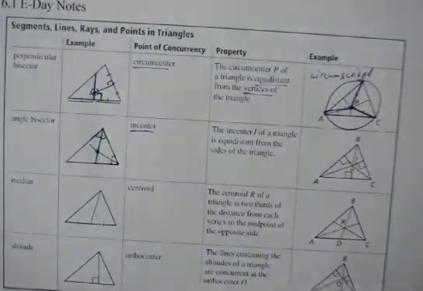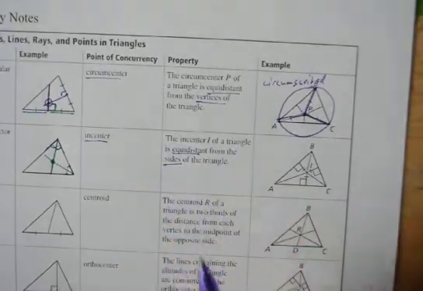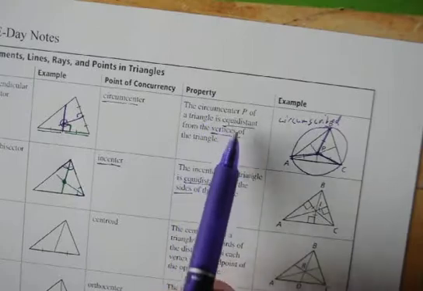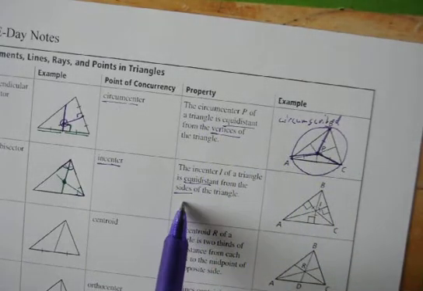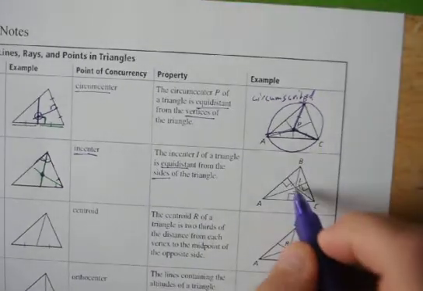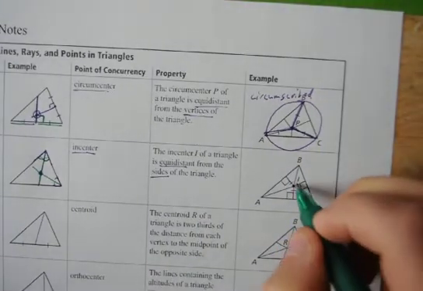The incenter is special because it is equidistant from the sides of the triangle. The circumcenter is equidistant from the vertices. The incenter is equidistant from the sides. So here's an example of one right here. We can show equidistance by going to the sides.